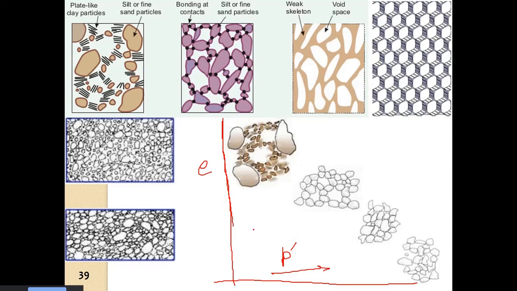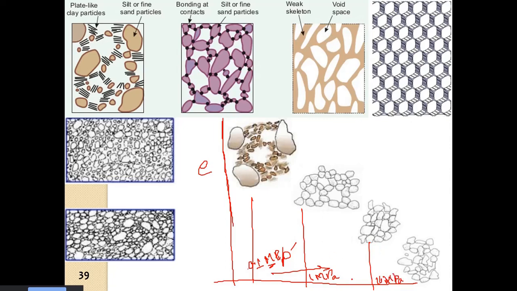Suppose this is 0.1 MPa, then this is 1 MPa, and this is 10 MPa, and so on.